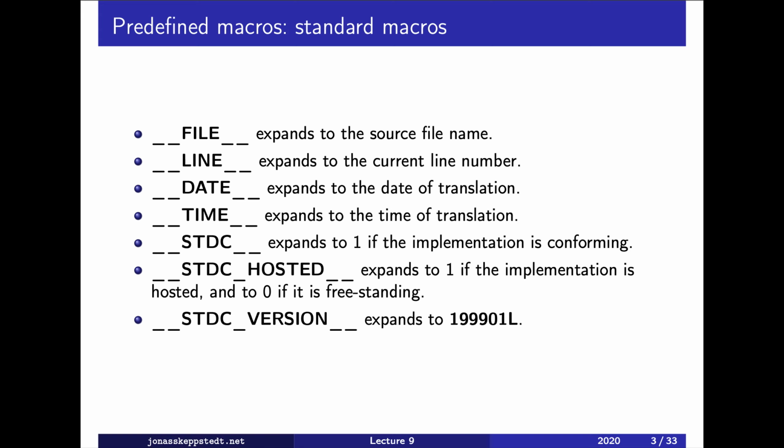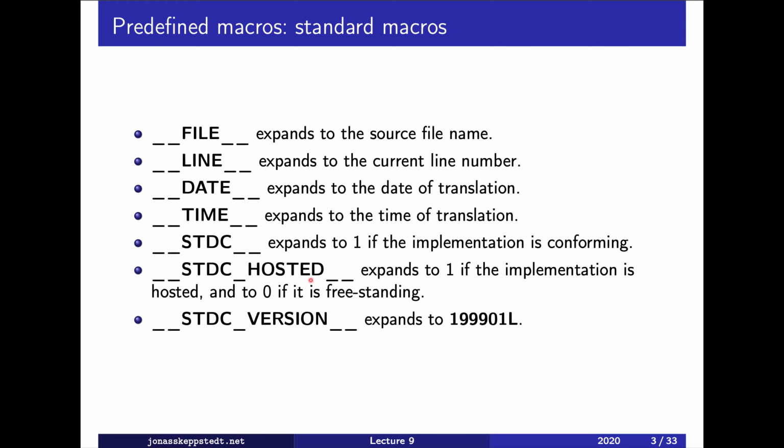The only problem was that they didn't mention which C standard. So that one is usually not used. Instead, there is another one called standard C version, which, for instance, can expand to this if it conforms to C99.